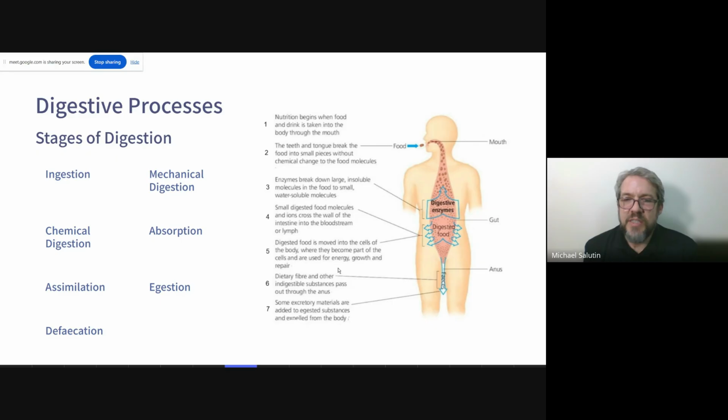So what happens there is that there are countless billions of these tiny projections called villi, which increase the surface area.